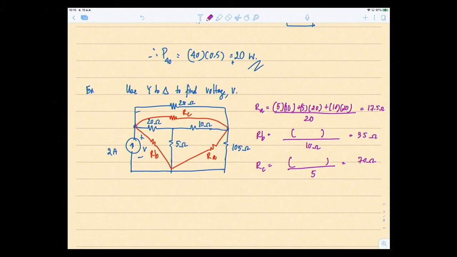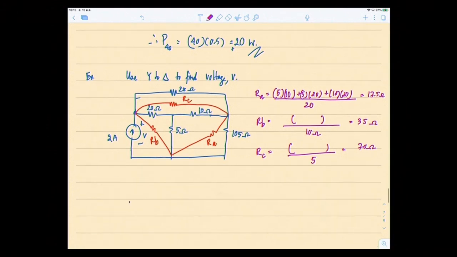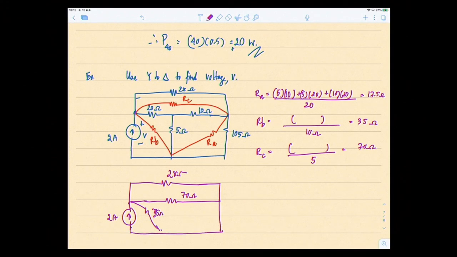When you draw this, you would have the 2 amp current source, and this is the original 28 ohms. But now you have RC right here, which is 70 ohms, RB is 35 ohms, and of course RA is 17.5 ohms.